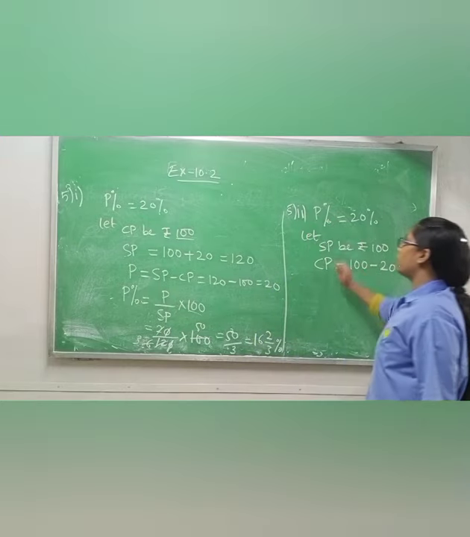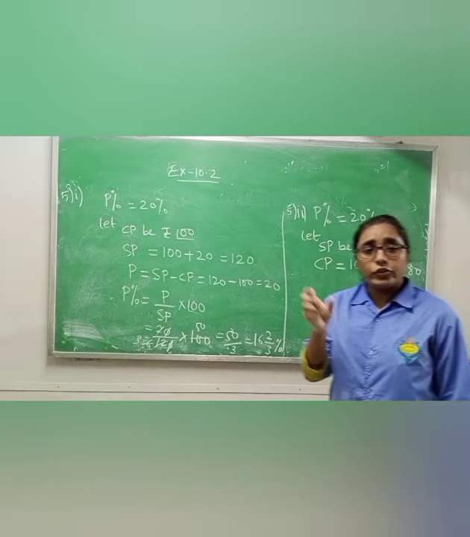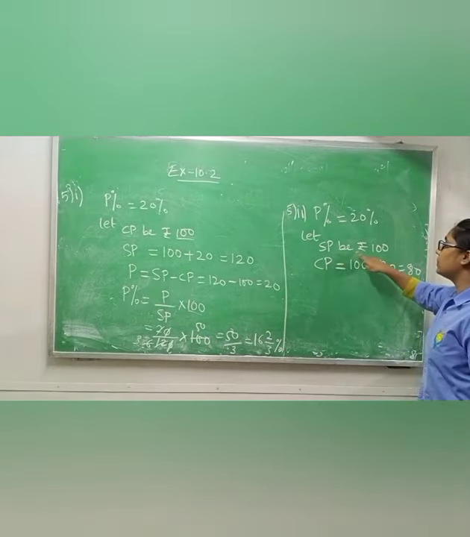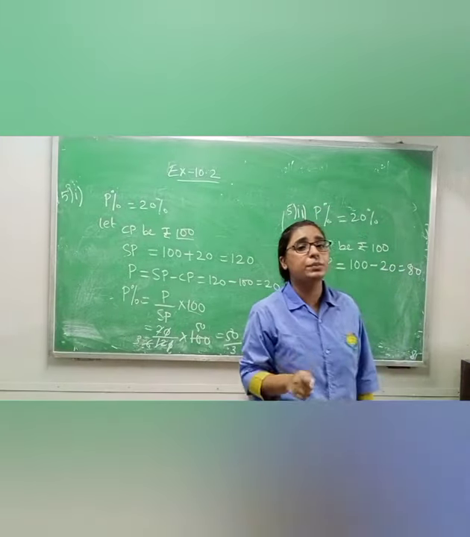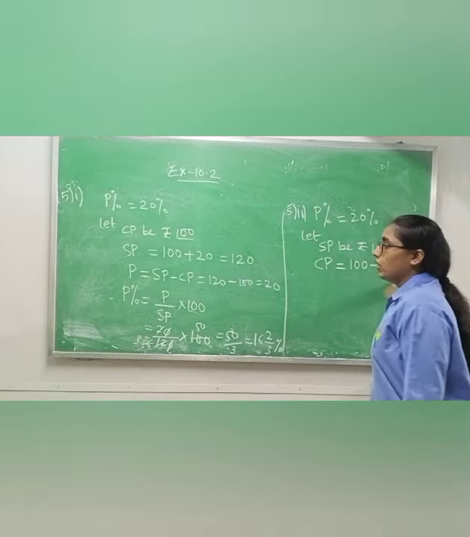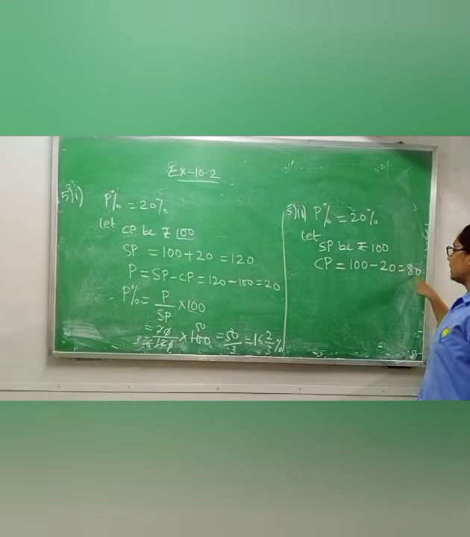Again I am repeating, profit percentage is 20%. Because they are saying profit percentage on selling price, that is why I have written let SP be 100, and when there is a profit, selling price will be greater than cost price. That is why I am subtracting. So 100 minus 20 because 20%, 80.